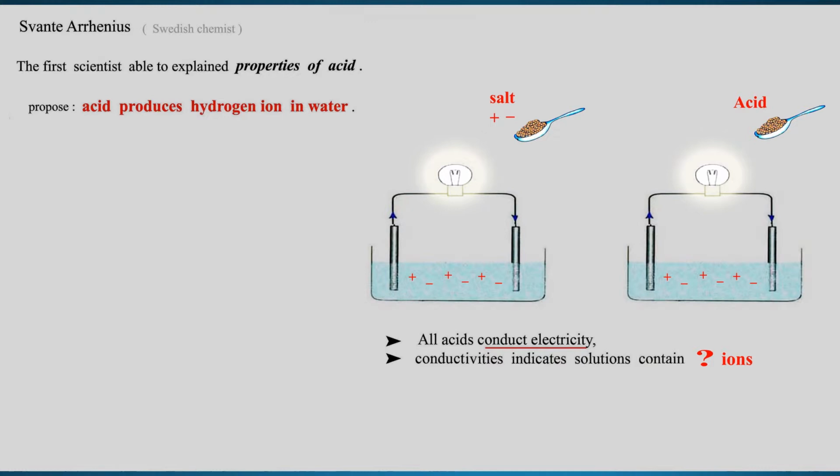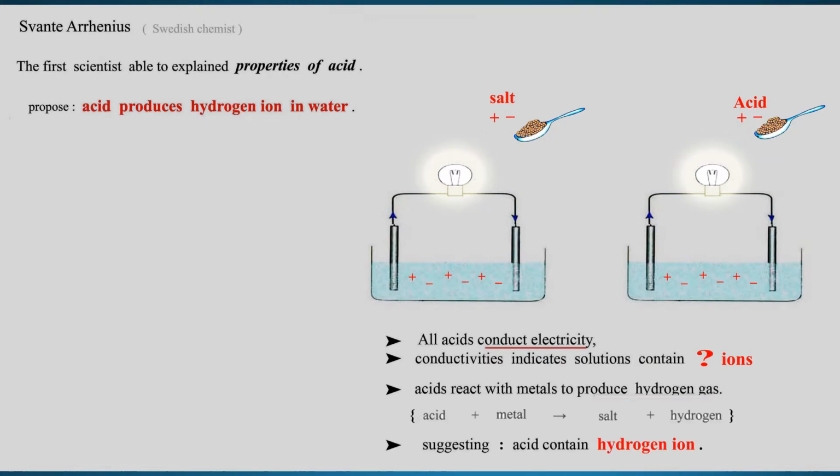So he suspected salt and acid must be some sort of ion. He thought acid would be just like salt: they contain some positive and negative ions. Then the next question is, what sort of ion?